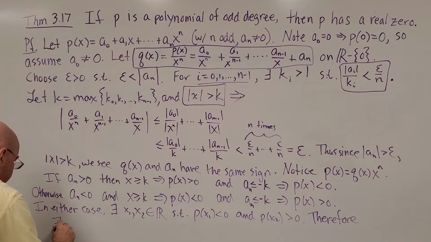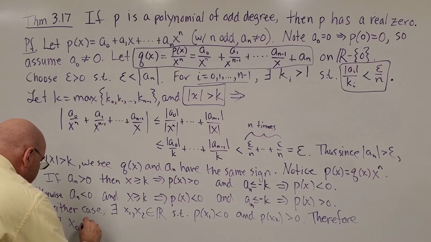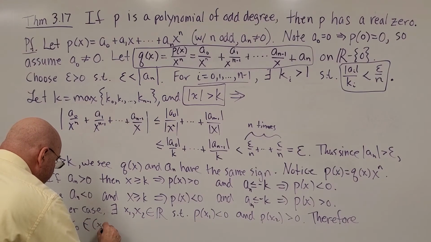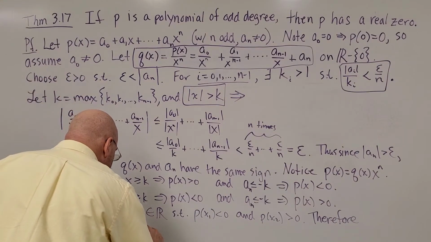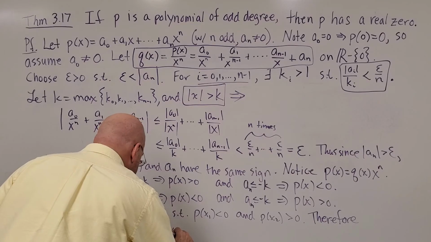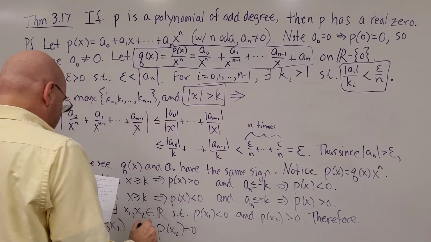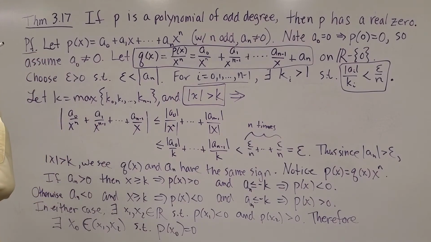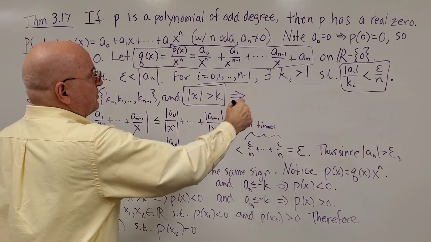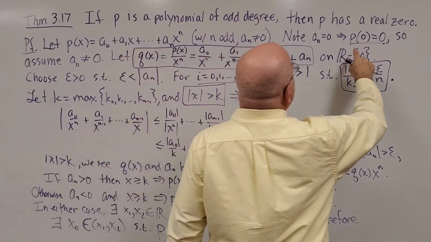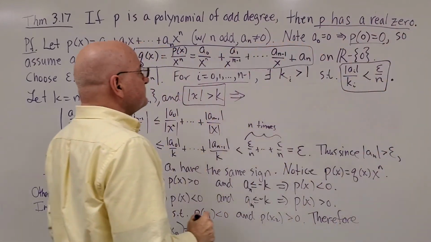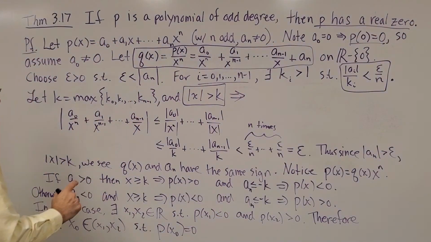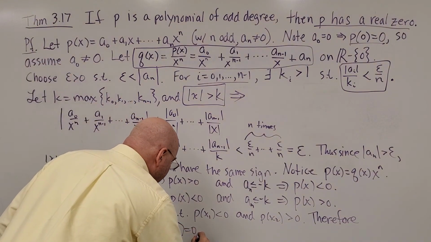Therefore, there exists an x0 in between x1 and x2, or in the open interval from x1 to x2, such that P of x0 is equal to 0, and that's by Theorem 313, Bolzano's theorem. And that's what we're looking for. Yeah, we're looking for P having a real 0. So we found x0 such that P of x0 is equal to 0. And that concludes the proof.